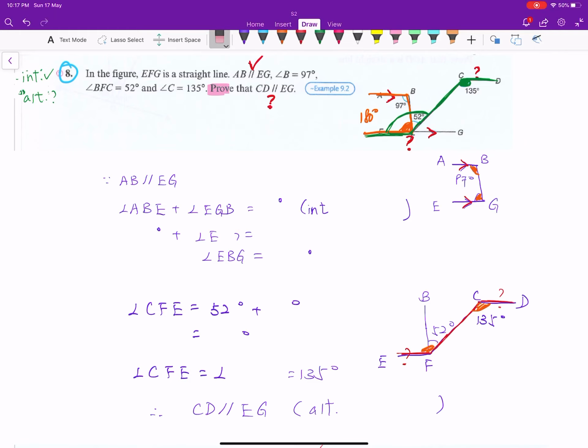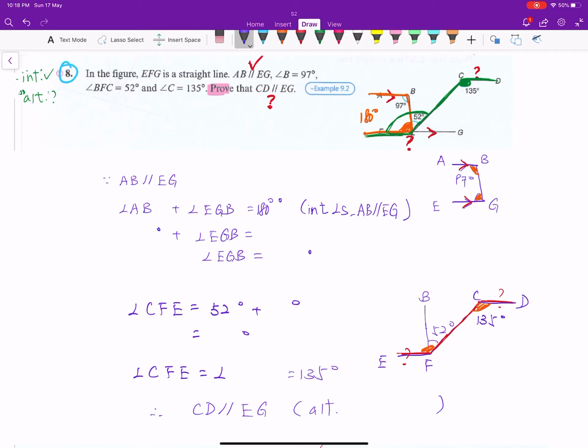So this is a pair of interior angles, so it is equal to 180 degrees, okay? Interior angles given a parallel line. So we write down AB parallel to EG, and ABE equals to ABG.